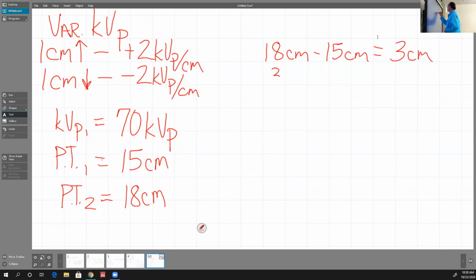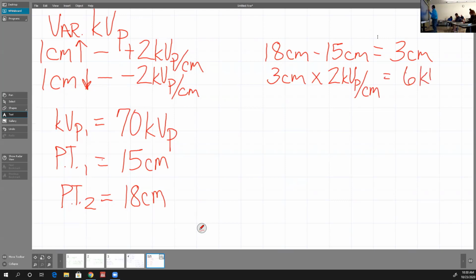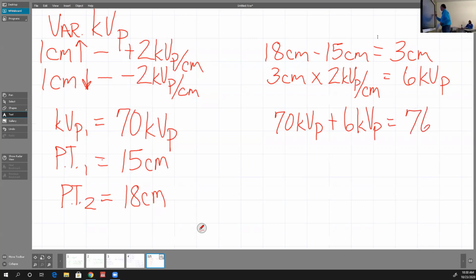And we're going to take 3 centimeters times 2 kVp per cm equals 6 kVp. And we're going to take 70 kVp plus 6 kVp equals 76 kVp. There you go, right there.